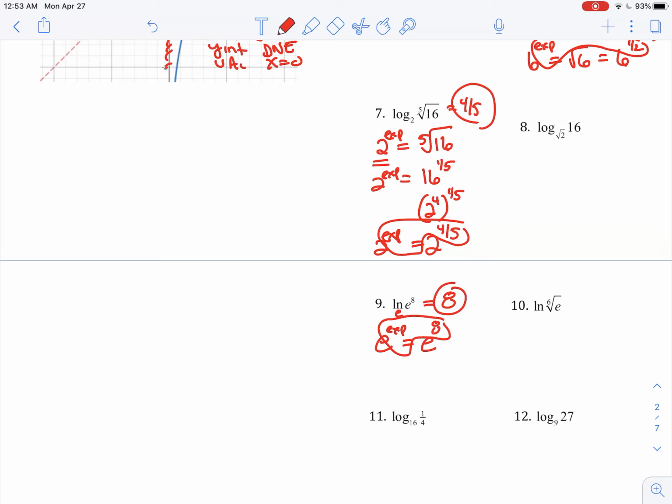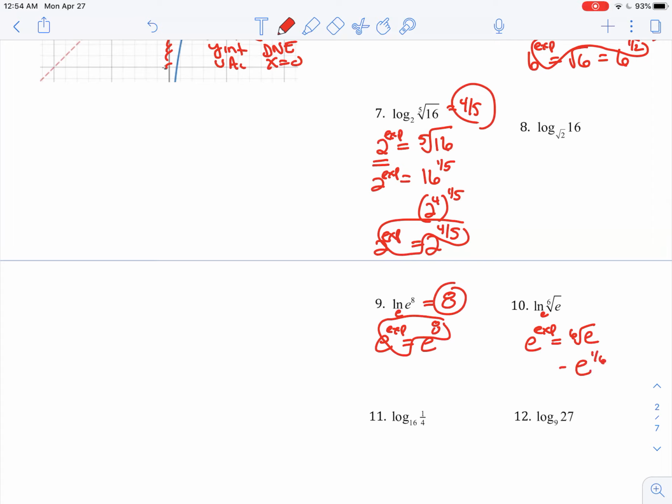On 10, natural log of the 6th root of e. Again, base e is implied. With ln, your base of e will not be written, it's implied. So this is asking us, if we take base e, what exponent do we have to raise it to get the 6th root of e?